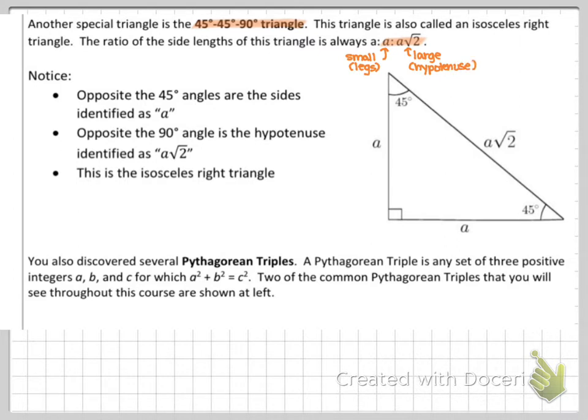If we start at each of the 45-degree angles, those angles are the exact same size, which means opposite those angles had better also be the exact same length. These are the legs that I'm referring to. That's a leg, this is a leg. Then opposite the box is the longest, or largest, side, which we also know is the hypotenuse. Again, this pattern doesn't change either.